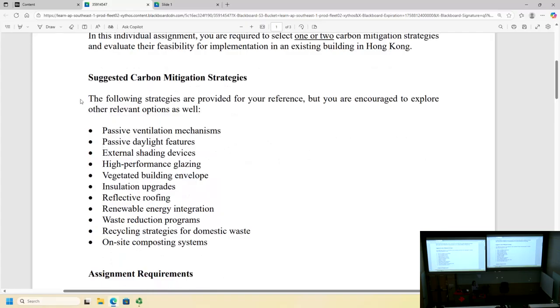And the suggested mitigation strategies are here, but you are welcome to propose some other options. Passive ventilation mechanisms, passive daylight features, external shading devices, high performance glazing, and others.